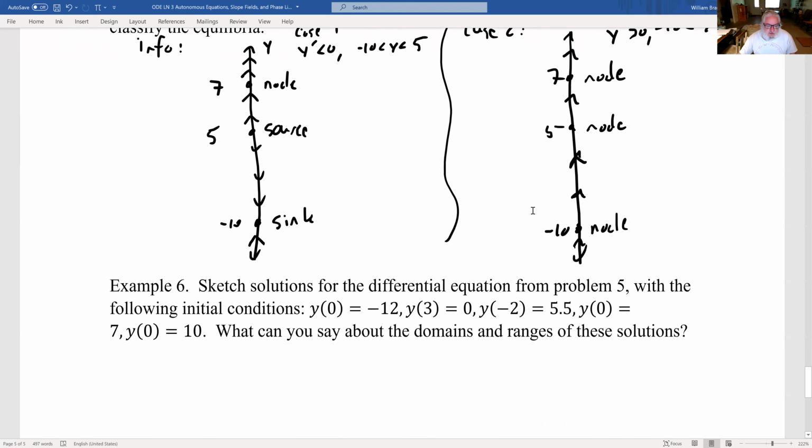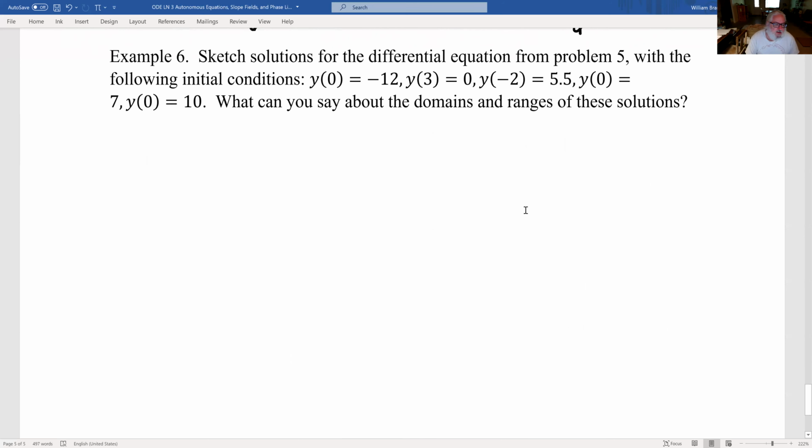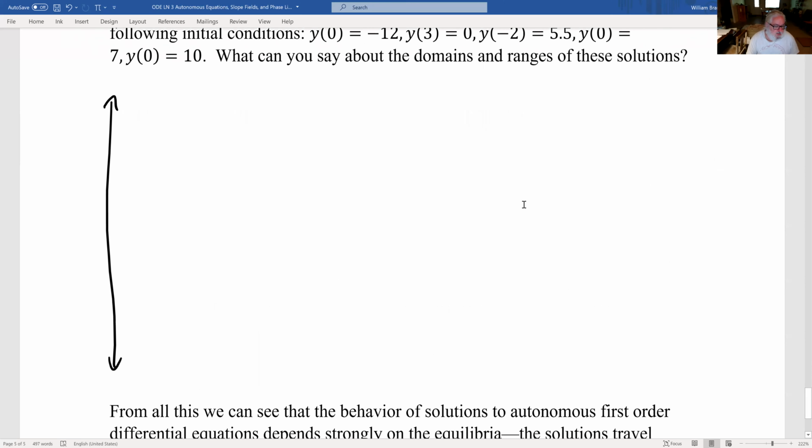So what do the various solutions look like? Well, the information that we had from above is that our equilibria are minus 10, 5, and 7. So if you've got the phase line, how do you go about drawing the solutions? This is all the information we're given.